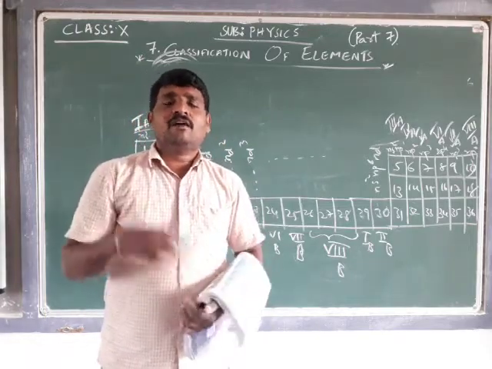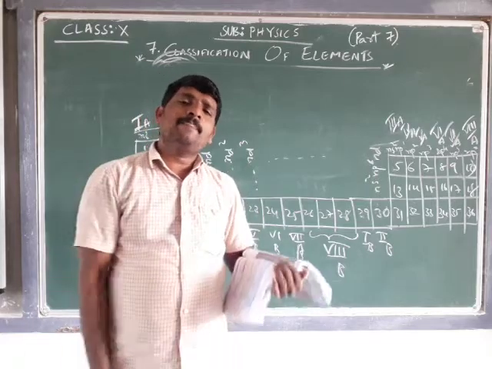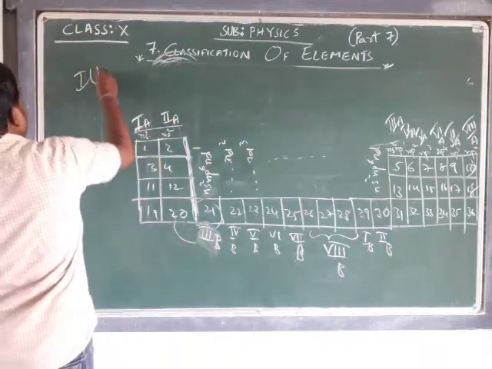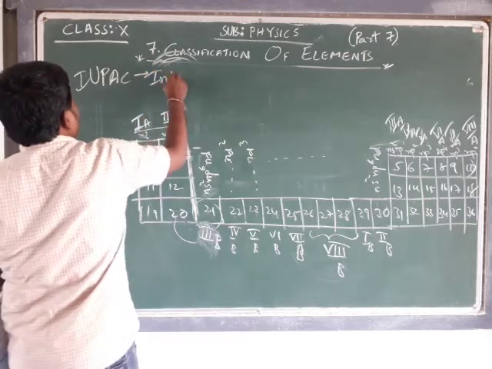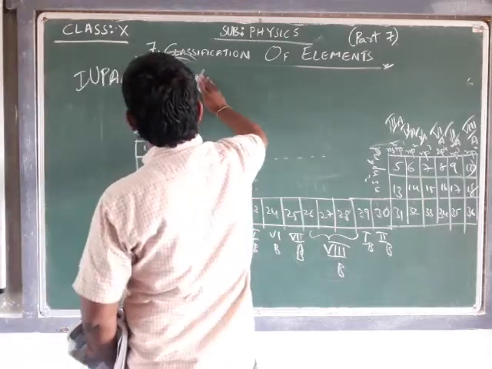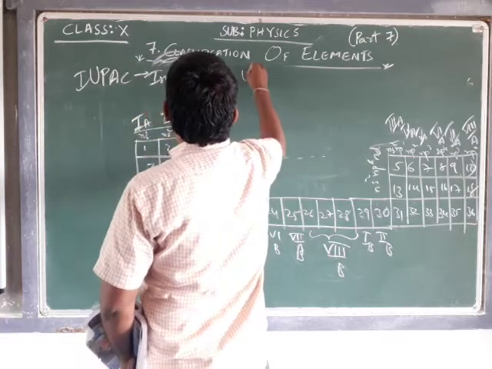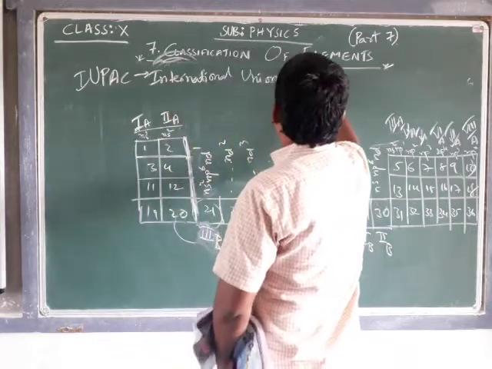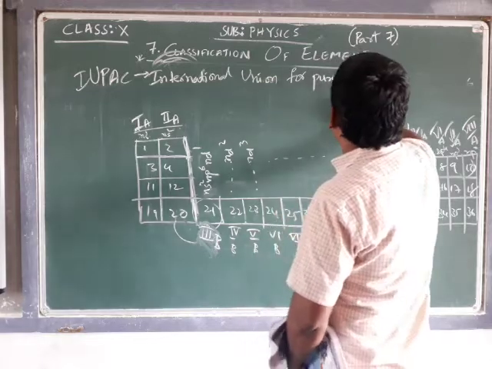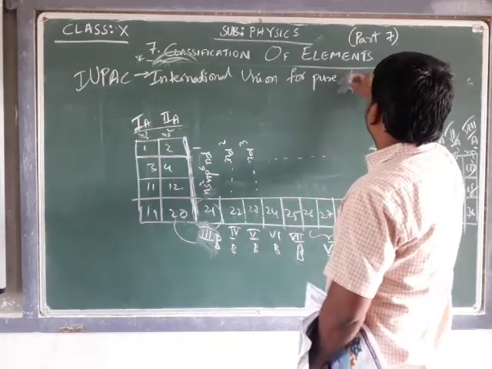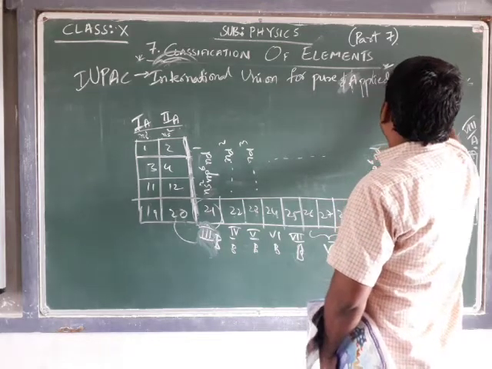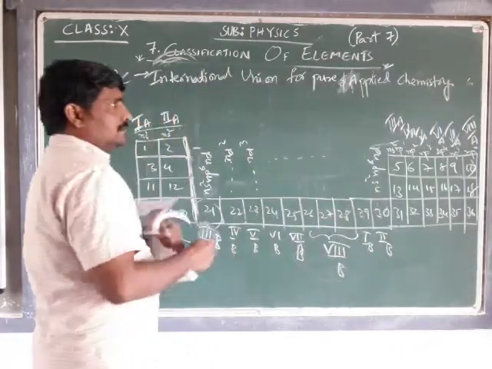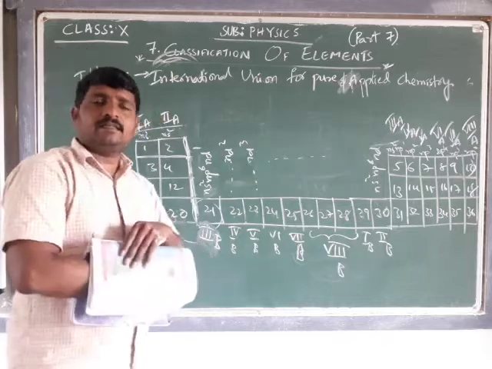To get rid of the confusion of these Arabic numerals with the subscripts or the sub-arrangement A and B, IUPAC, that is the International Union for Pure and Applied Chemistry, came in.